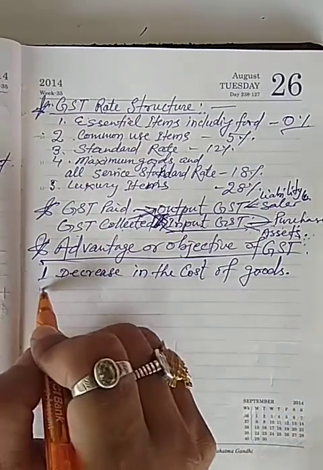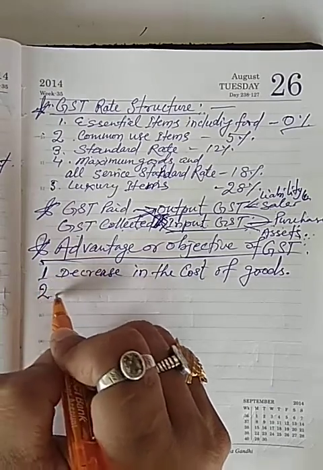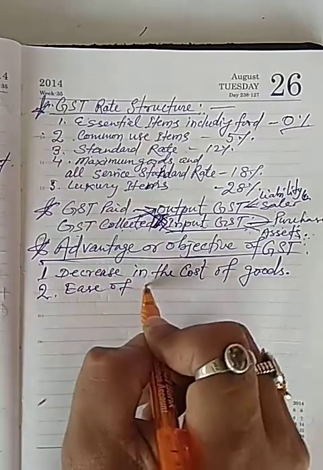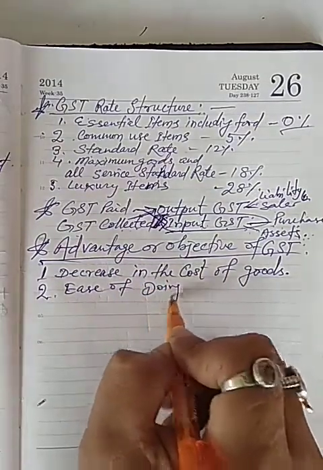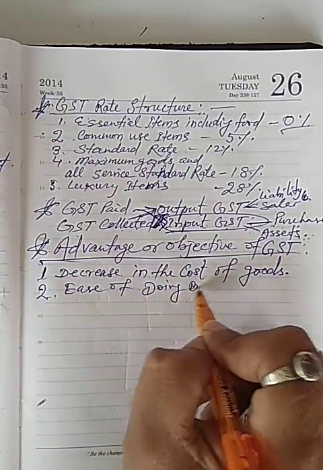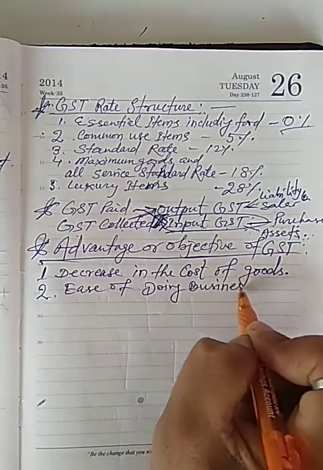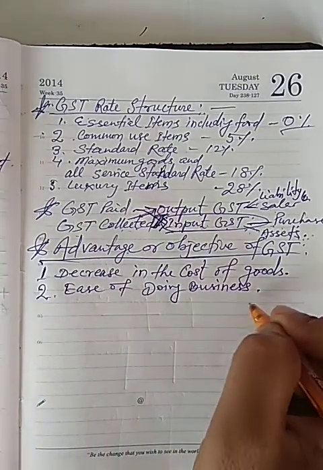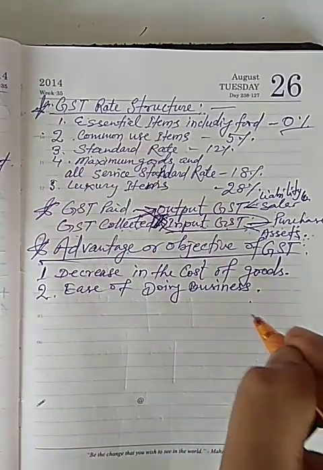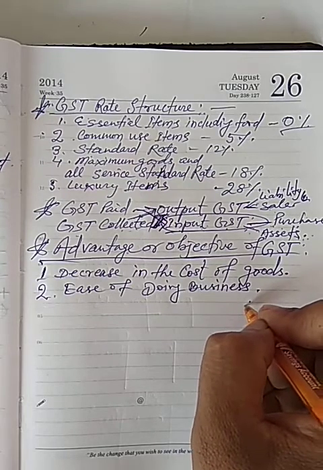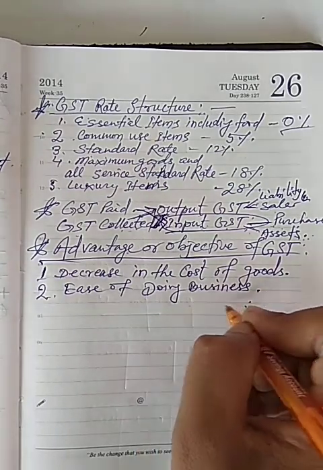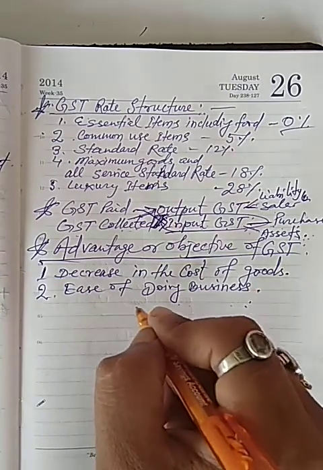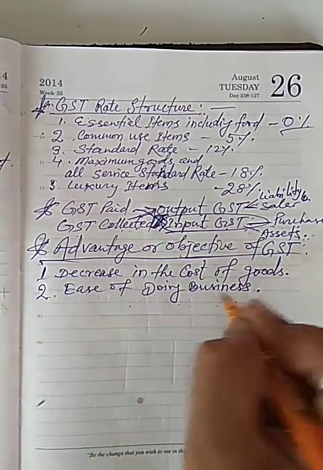Now, the second point may be ease of doing business. GST harmonizes tax administration between the central and the states, which will improve ease of doing business.